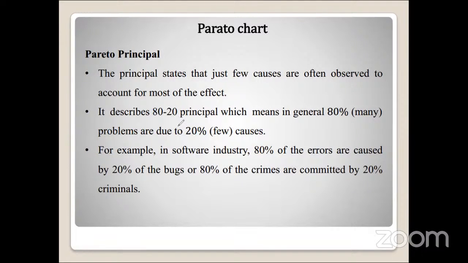This is known as the 80-20 principle: in general, 80% of the problems are due to only 20% of causes. For example, in the software industry, 80% of errors are caused by 20% of bugs, or 80% of crimes are committed by only 20% of criminals.